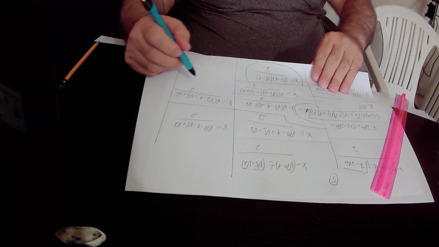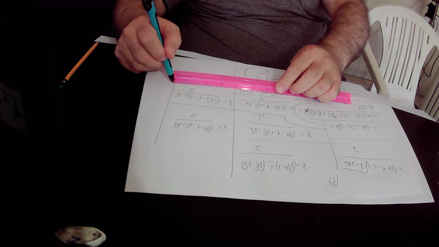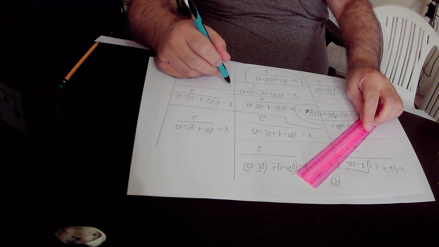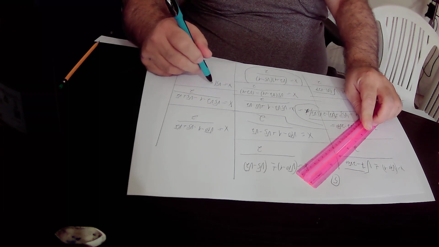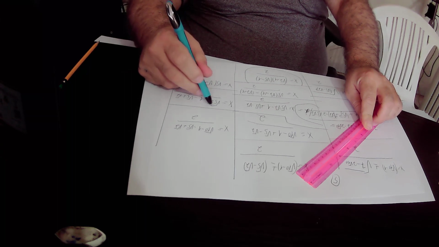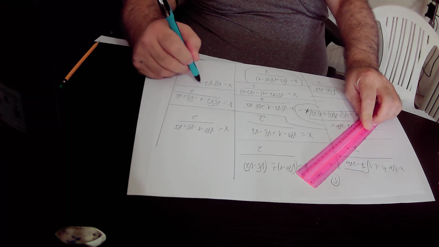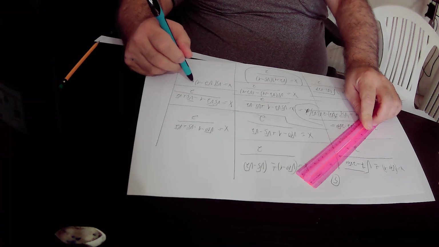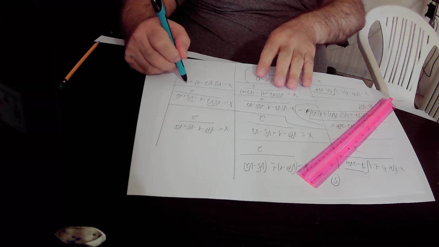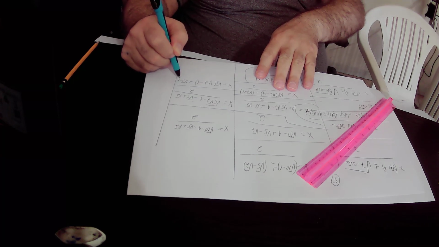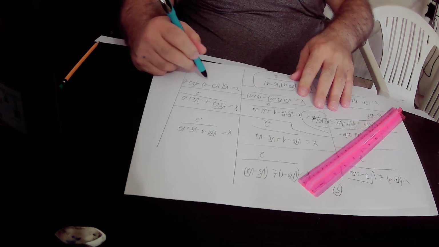So actually x equals, here we will take square root of 5 as a common factor, and inside the brackets we will have square root of 2 minus 1, and it will be plus square root of 2 minus 1 over 2.